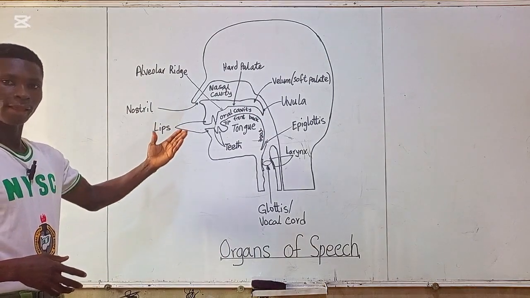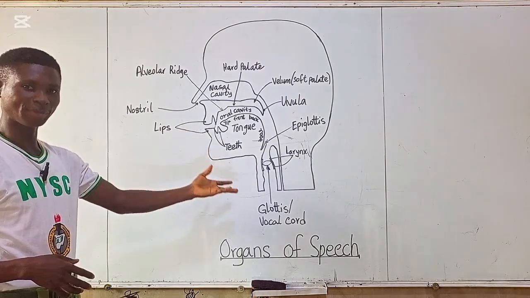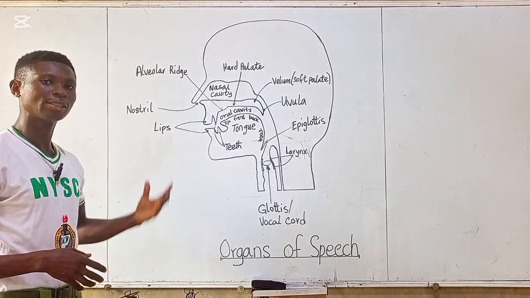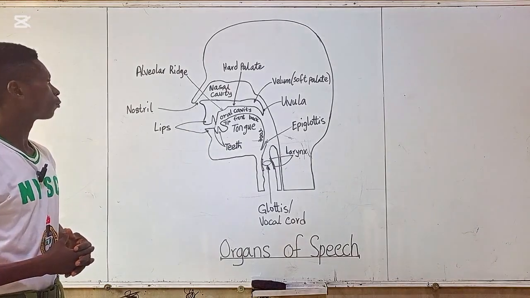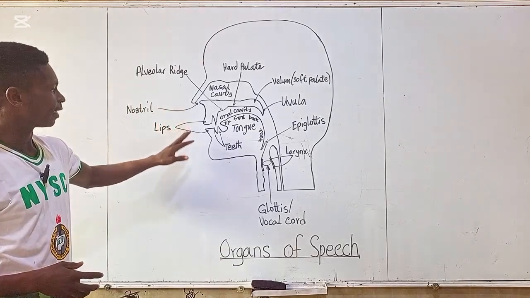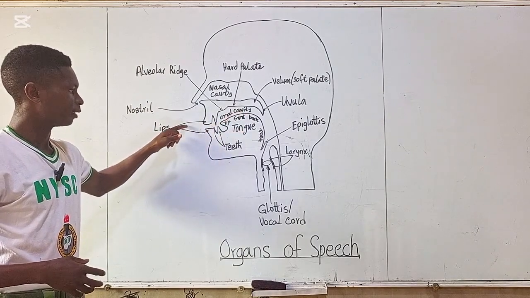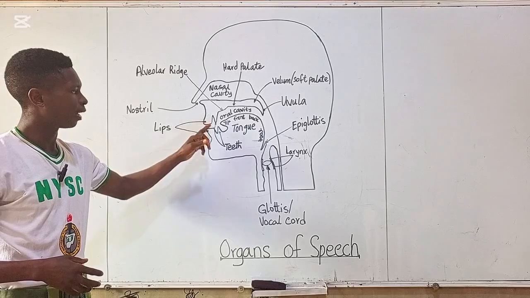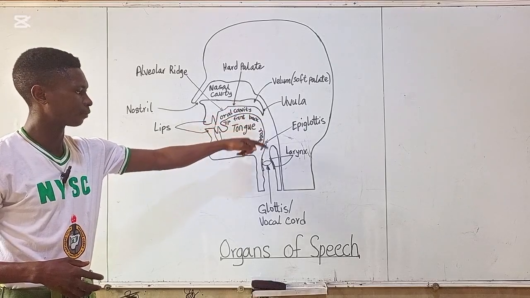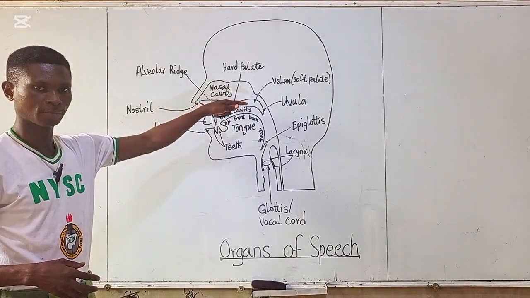All right, this diagram indicates the organs of speech, or you can call it speech organs. Then this is the oral cavity. This is the entrance of the mouth. We have here the oral cavity. Then we have the nasal cavity.